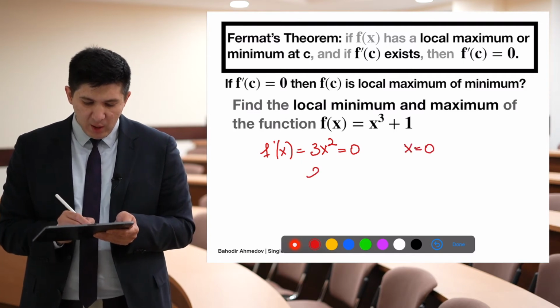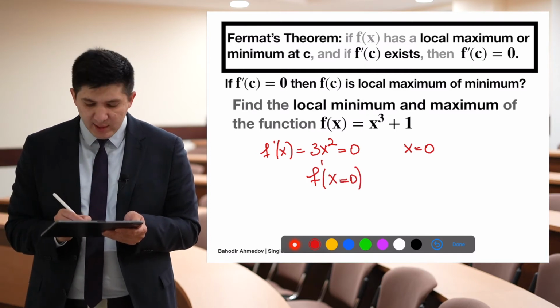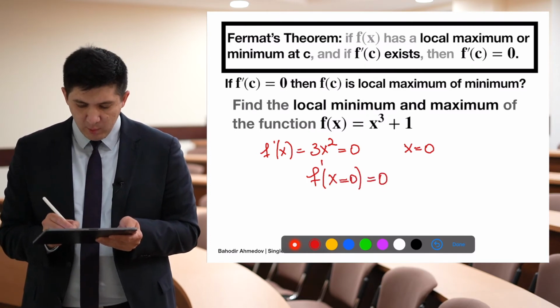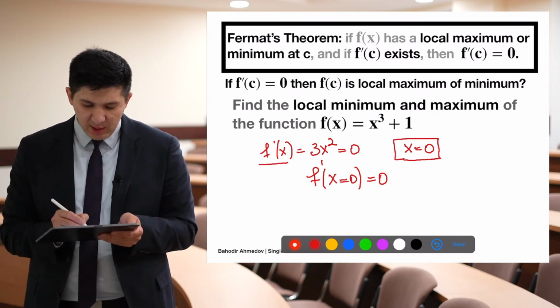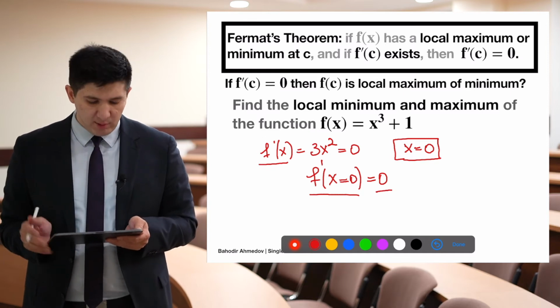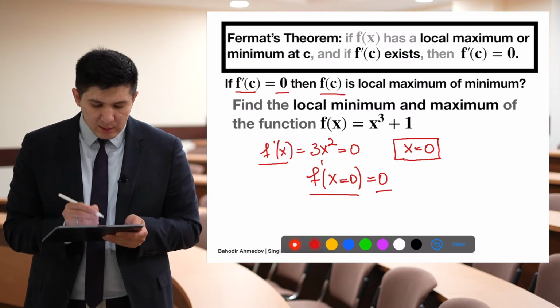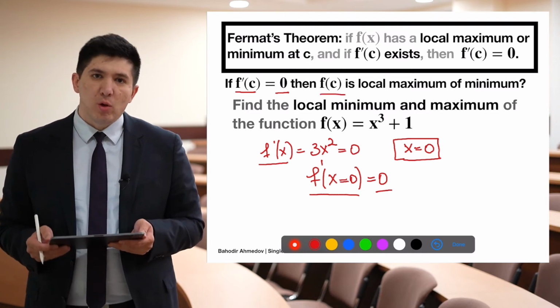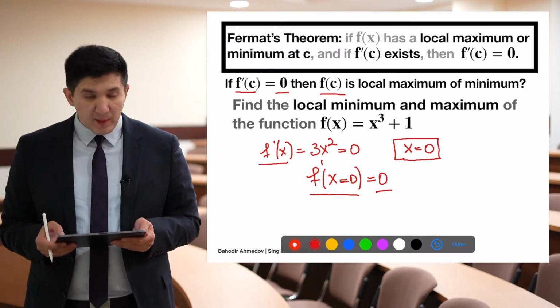So when x is equal to 0, f prime of x is equal to 0. At this point 0, the derivative is equal to 0. Does it mean that f of 0 is a local minimum? This is the question.